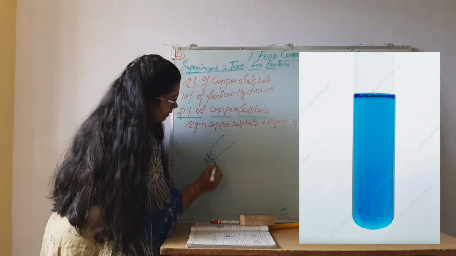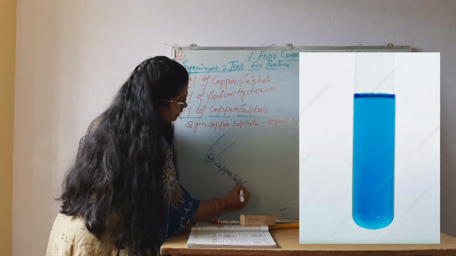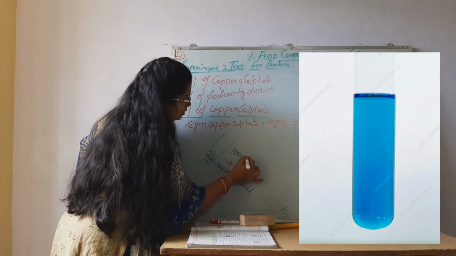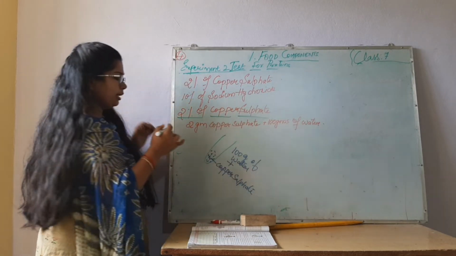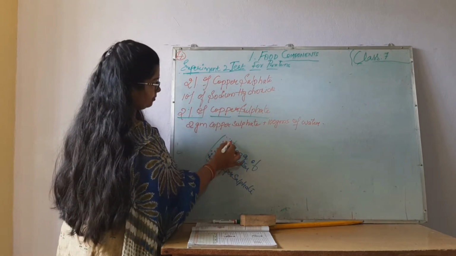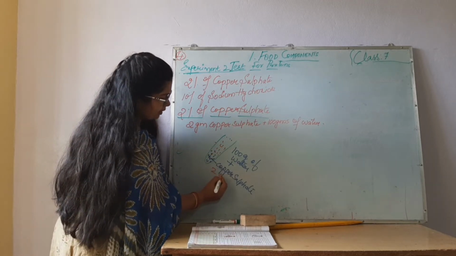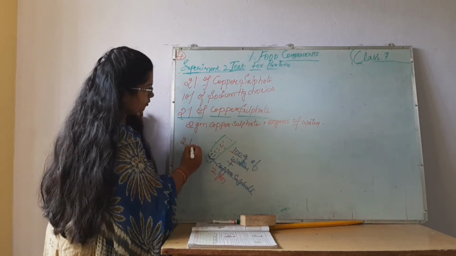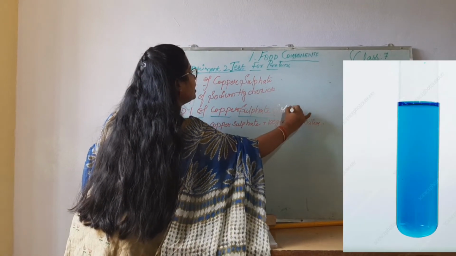Copper sulfate taken, plus 100 grams of water you need to add. Water you need to add, 100 grams. So 2 grams of copper sulfate plus 100 grams of water will give you 2% copper sulfate solution.